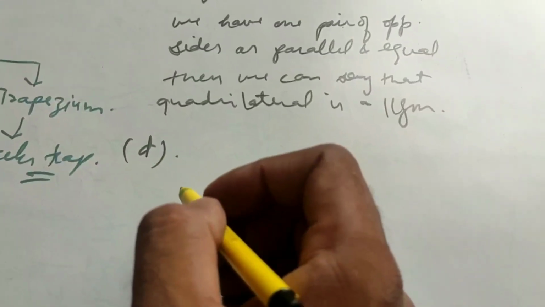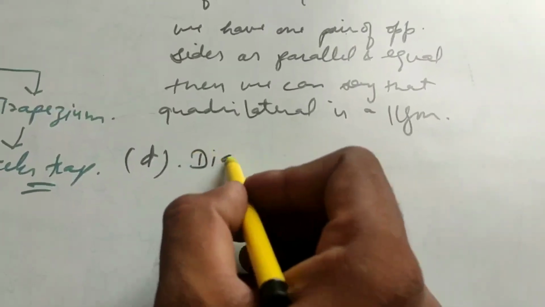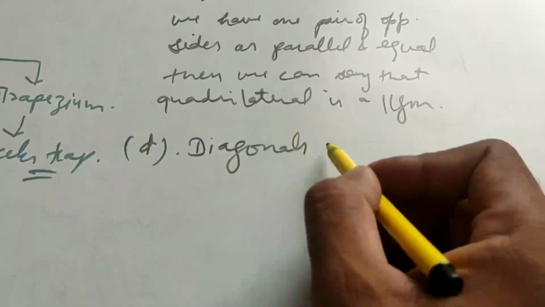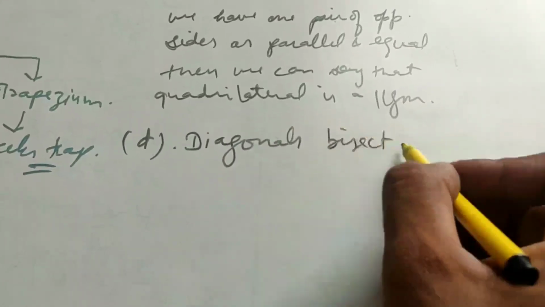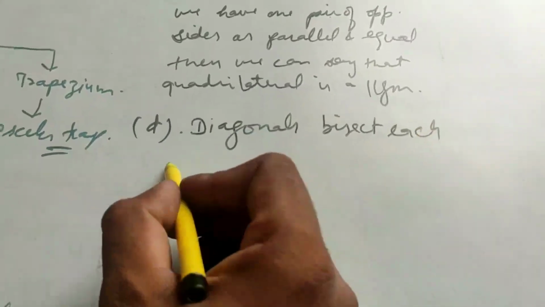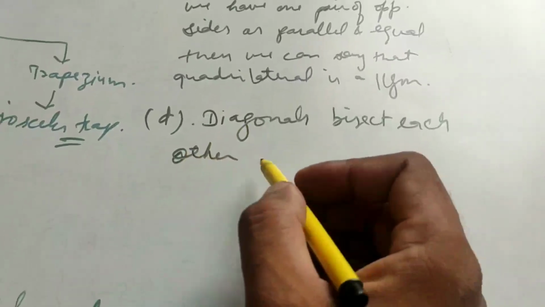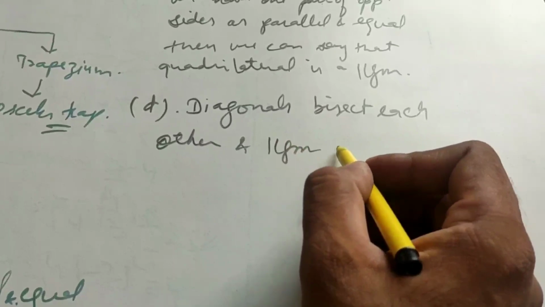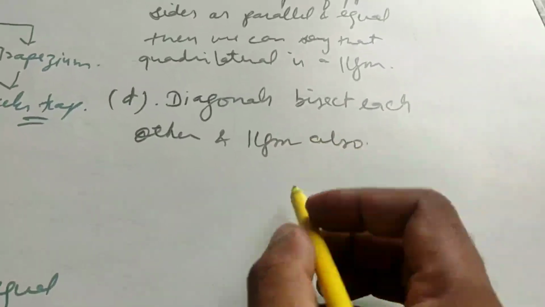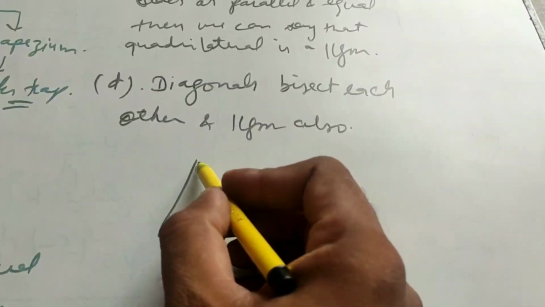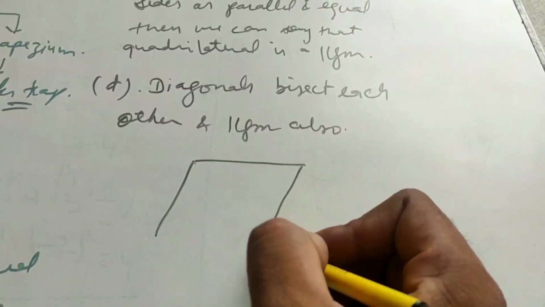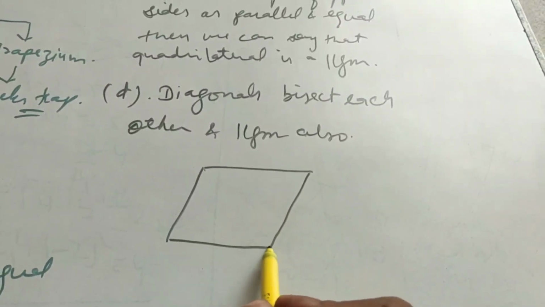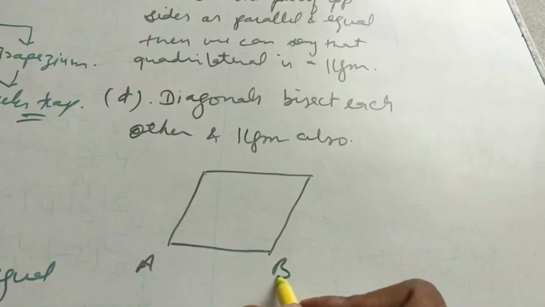Next, in a parallelogram, diagonals bisect each other, and the parallelogram as a whole also. What does it mean? Suppose there is a parallelogram ABCD.